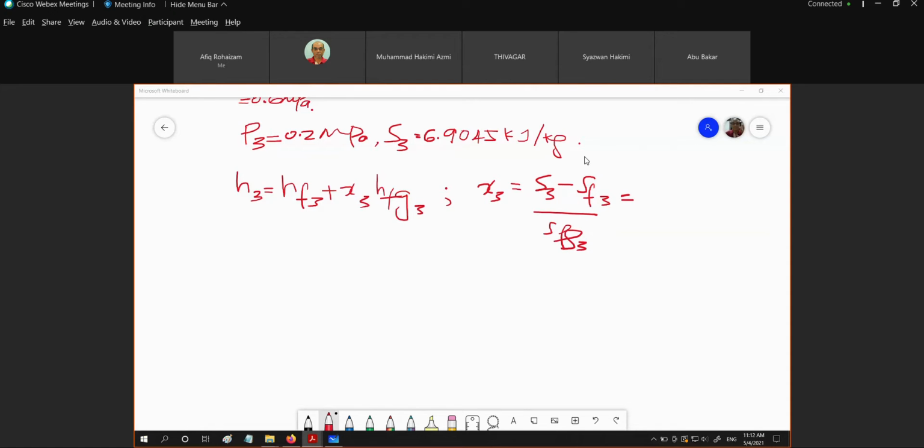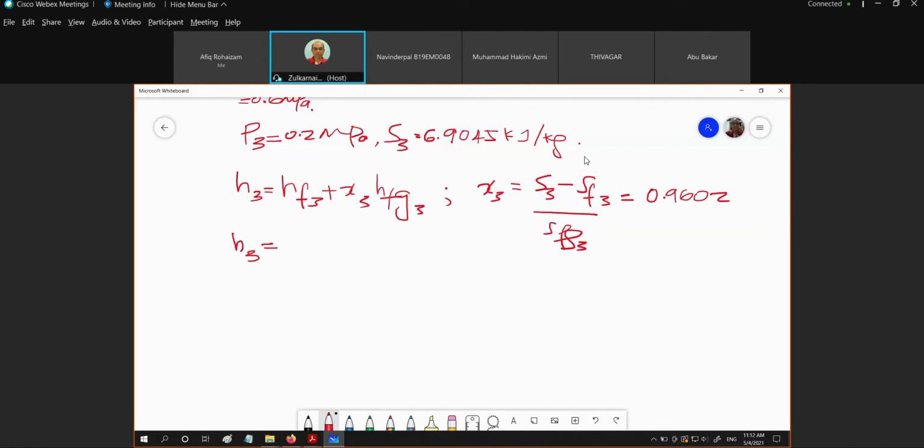Anyone? 0.9602. So put that x into this formula.